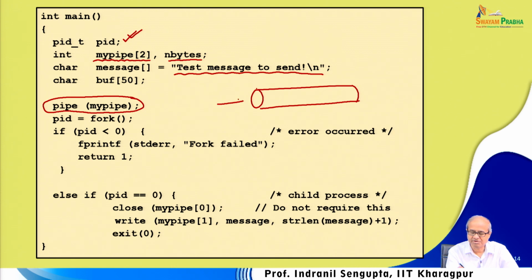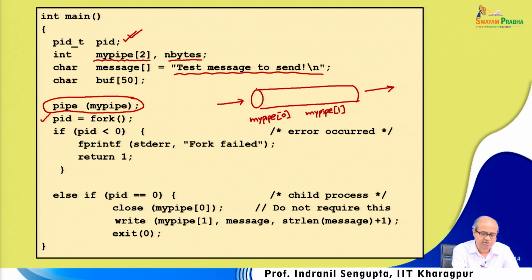So, at one side you can write, at the end mypipe 0, other side you can read, at the end mypipe 1. Okay. Now, you have created a pipe, and we have also created these two things, mypipe 0 and also mypipe 1. These are two variables. Now, what we do?